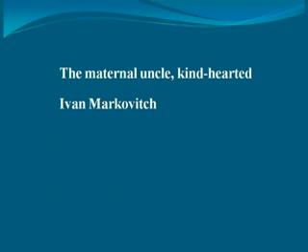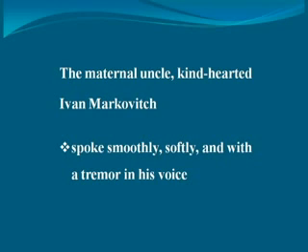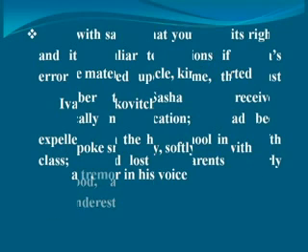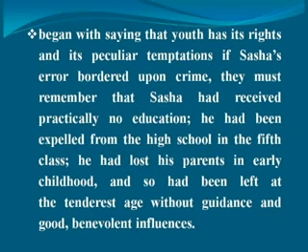The maternal uncle, kind-hearted Ivan Markovitch, smoothly, softly, with a tremor in his voice, began with saying that youth has its rights and its peculiar temptations. If Sasha's error bordered upon crime, they must remember that Sasha had received practically no education.